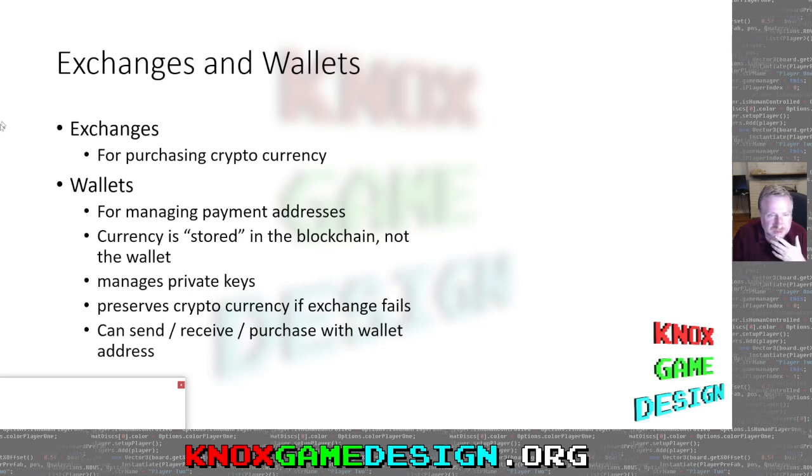The exchanges are for purchasing cryptocurrency, and the wallet is for managing your payments and your addresses. One wallet contains multiple addresses. If I want to send somebody cryptocurrency, or receive cryptocurrency, I use one of these addresses. But you may not want everything on one address because all these transactions are public, so you can have multiple addresses in one wallet. One thing I've heard to be aware of is that your currency is not actually stored in your wallet directly.